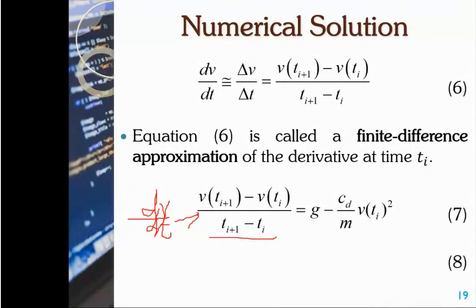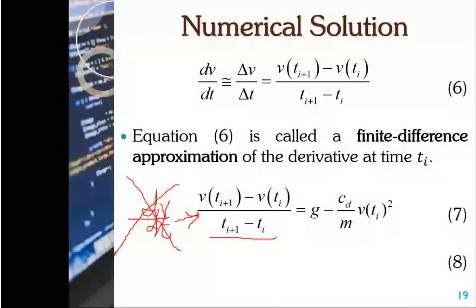So once we do that, it means that we've taken away the differential equation aspect of this whole problem. So this becomes an expression which we can use in solving for our solution numerically, okay?